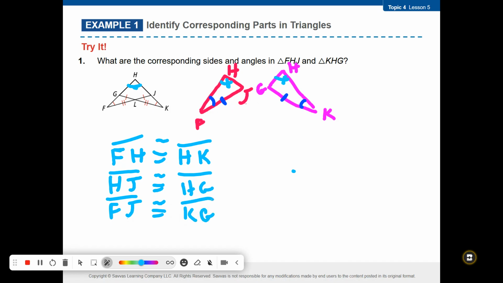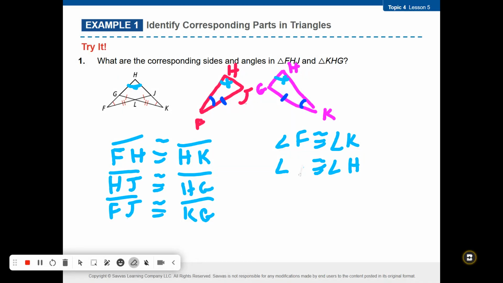And then for the angles, you'd have angle F is congruent to angle K, which we already identified. You'd have angle H would be congruent to itself by that reflexive property, and you have angle J is congruent to angle G. Okay?